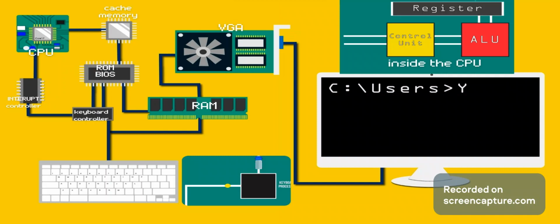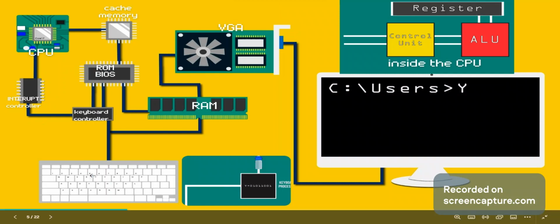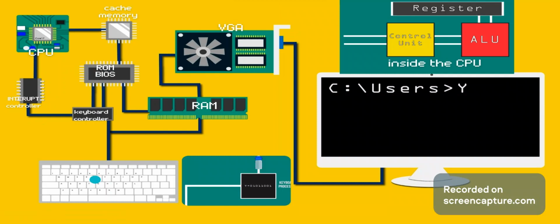Imagine we have a computer and we're about to input the letter Y to the monitor. The first thing we have to do is press the Y button on the keyboard.